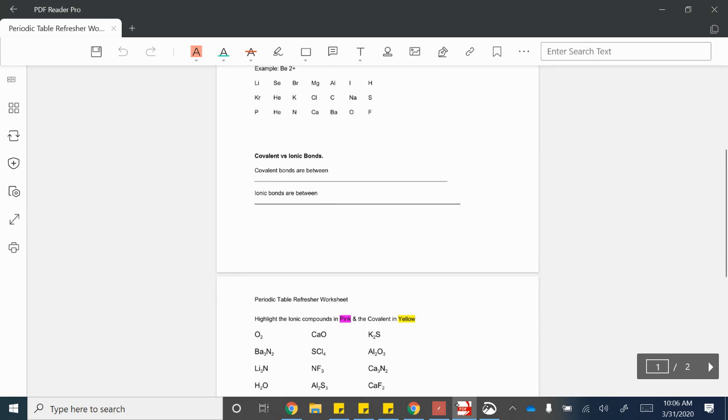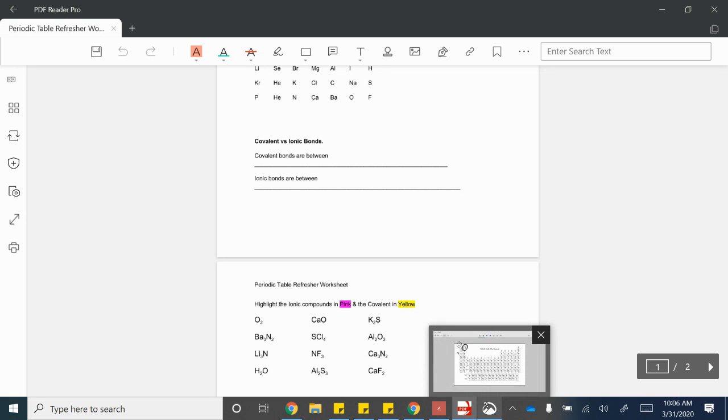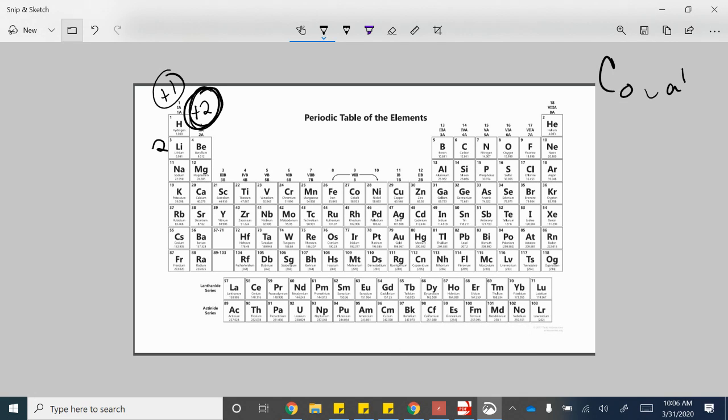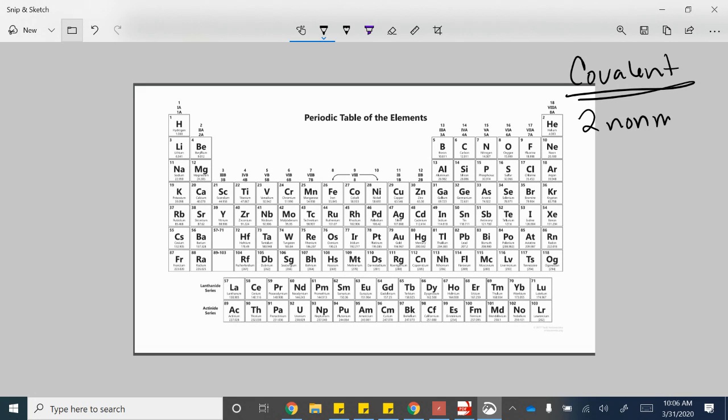Okay, so covalent bonds are between... think co-parenting, two parents of the same... Covalent is between two nonmetals. So again, hydrogen is a part of this.